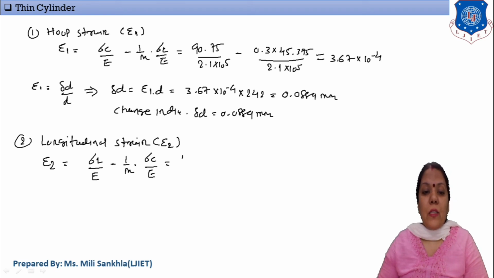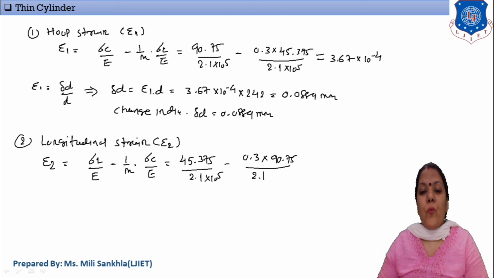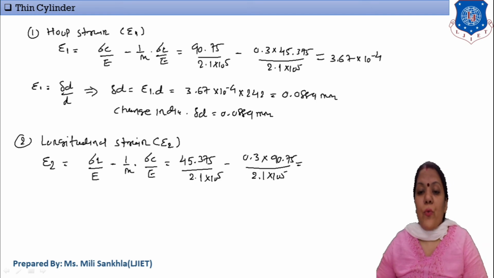Sigma L is equal to 45.375 divided by 2.1 into 10 raised to 5, minus Poisson's ratio 0.3 times sigma C, which is 90.75, divided by 2.1 into 10 raised to 5, and my longitudinal strain is 8.64 into 10 raised to minus 5.